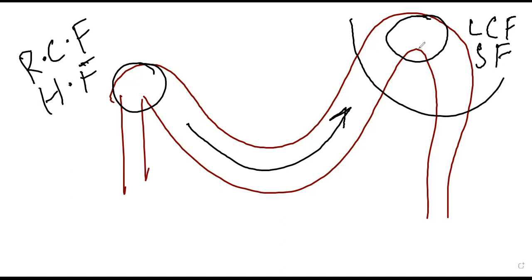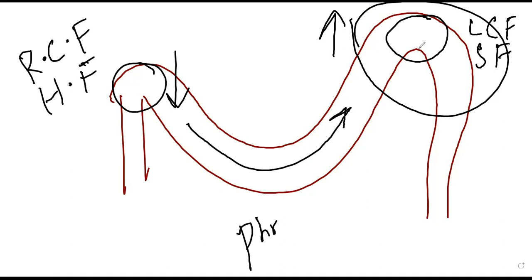This one is higher than the right colic flexure, and it is suspended from the diaphragm by the phrenicocolic ligament. Now we come to the arterial supply and the venous supply of the transverse colon.